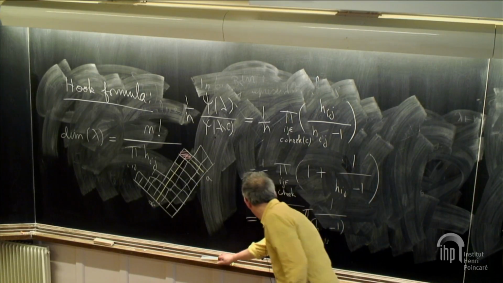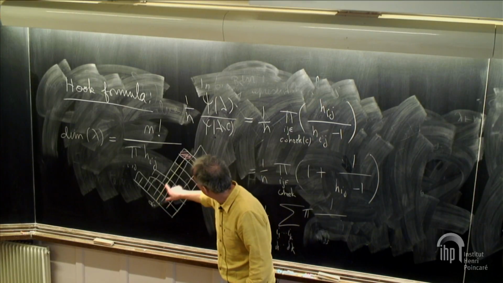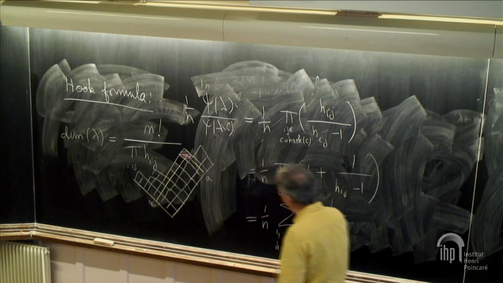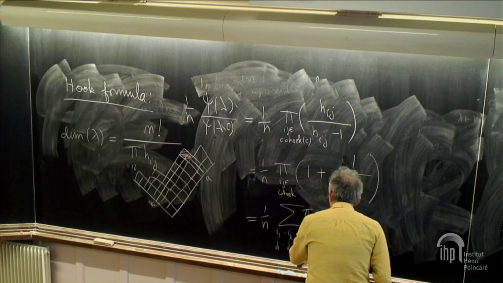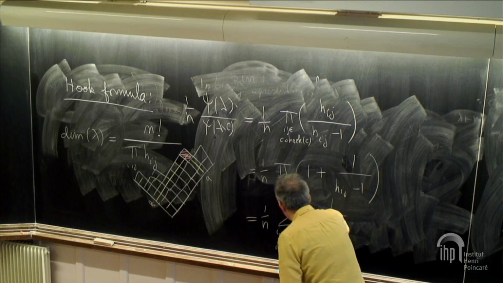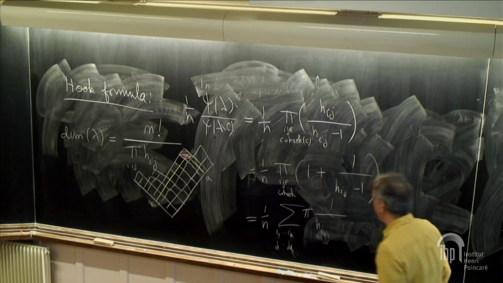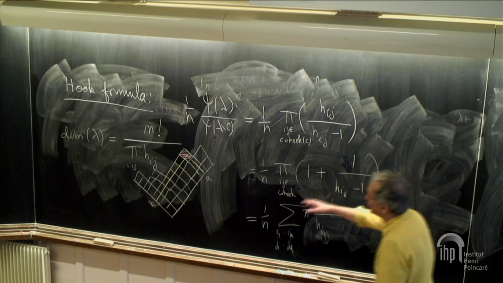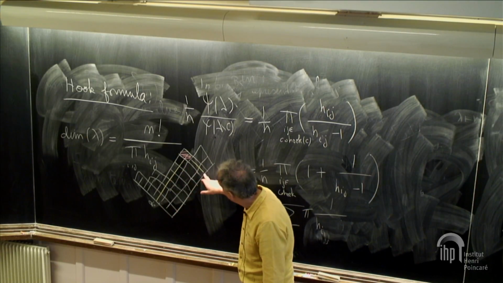So the hooks, there are these hooks here and these hooks. Sorry, my formula was not correct. There is a K here, there is an L here when I expand. I expand over this product of boxes here and this product of boxes here.